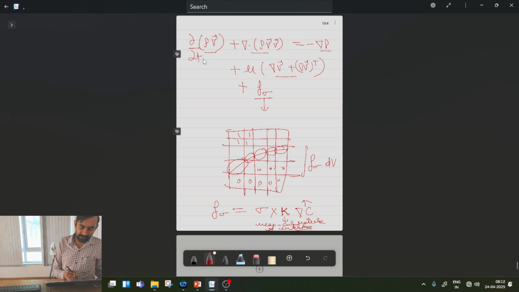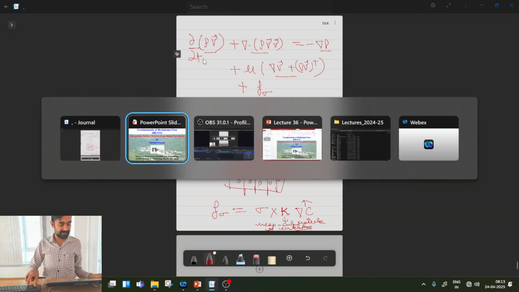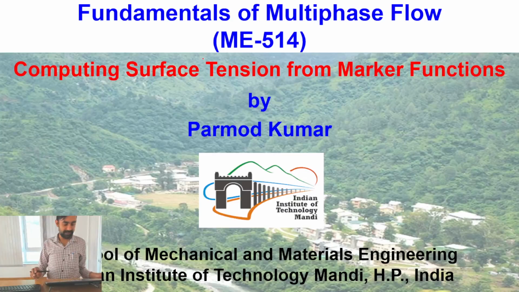Similarly, where I have 1, there also the gradient will be 0. So the gradient will be non-zero only at the cells containing the interface. So if I multiply with the gradient, then though I am adding surface tension force as a volumetric quantity in my mathematical formulation, that one term I have included will be non-zero only at the interface. Is this one clear? This takes care of the estimation of surface tension even in a volumetric equation at the interface.